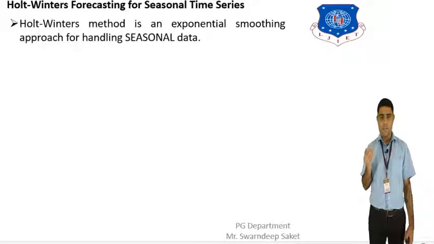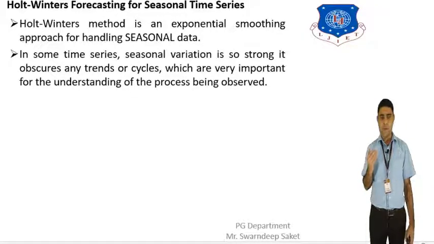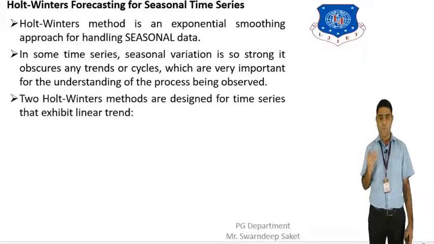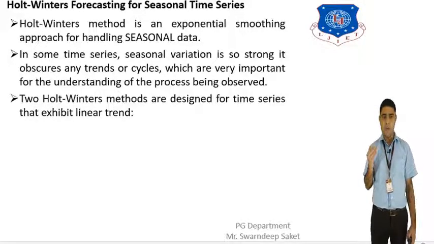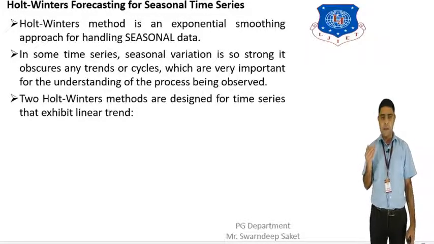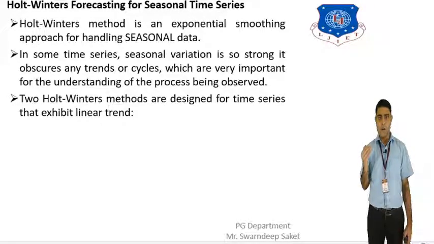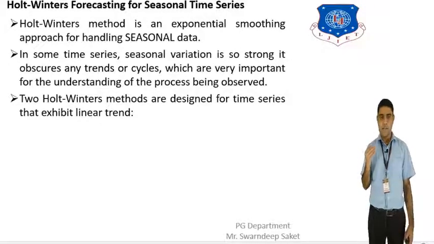In some time series, seasonal variation is so strong that it obscures any trends or cycles which are very important for understanding the process being observed. There are two methods for Holt-Winters forecasting for seasonal time series: first is the additive Holt-Winters method, and second is the multiplicative Holt-Winters method.